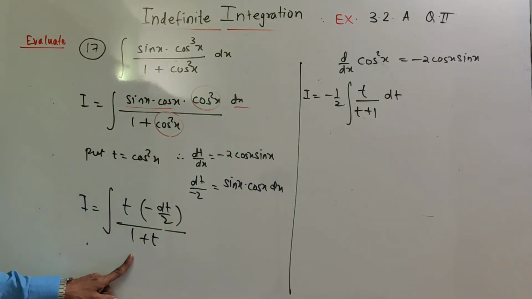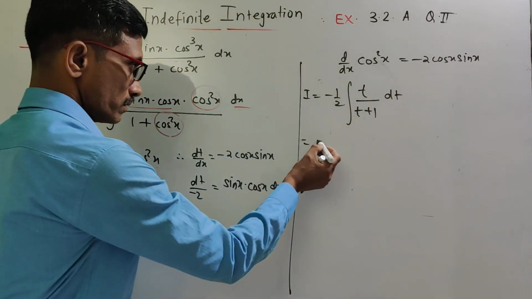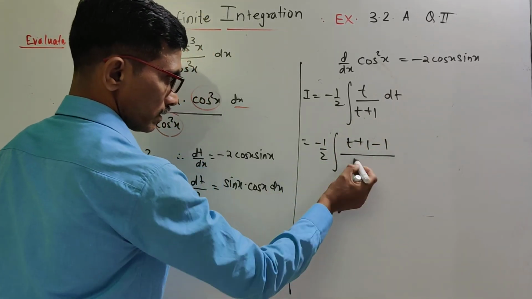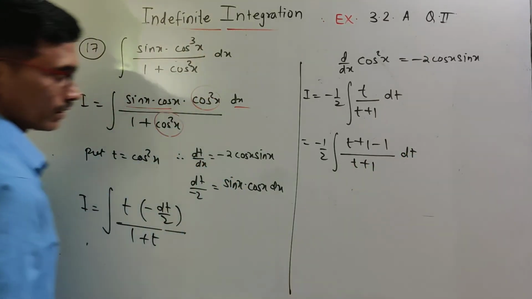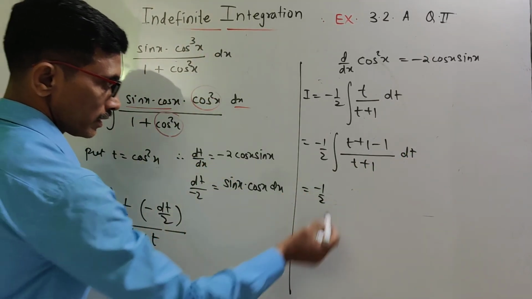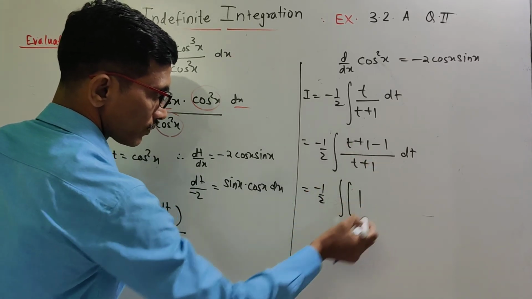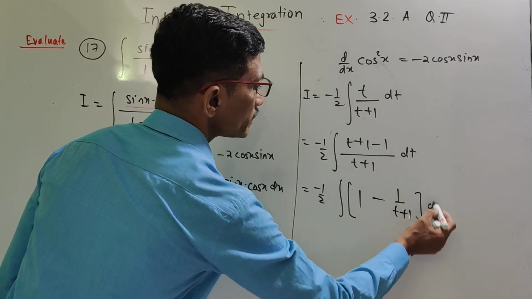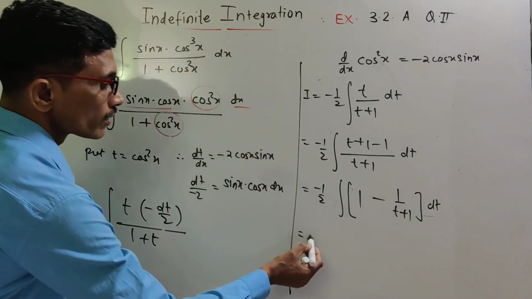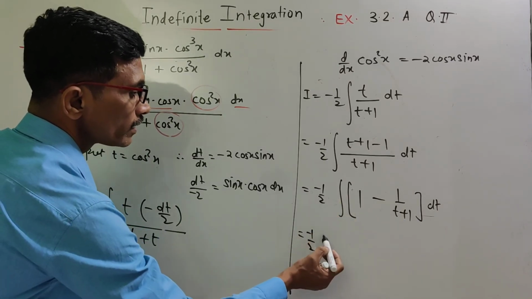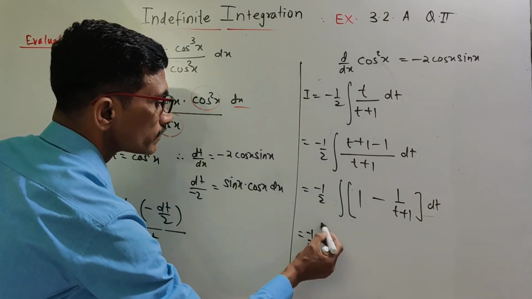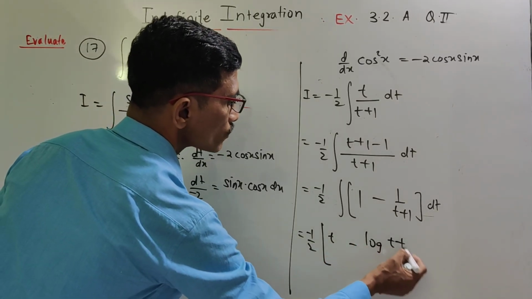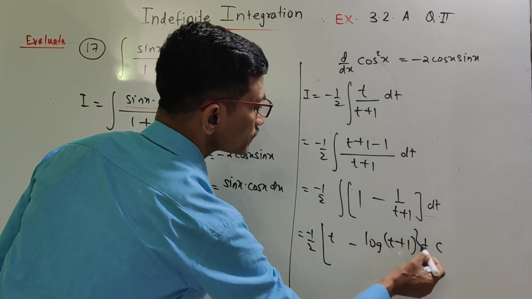So here add and subtract 1, minus 1 by 2 integral of t plus 1 minus 1 upon t plus 1 dt, minus 1 upon 2 integral of t plus 1 upon t plus 1 minus 1 upon t plus 1 dt, minus 1 upon 2 integral of 1 dt is t, minus log of t plus 1 plus c.